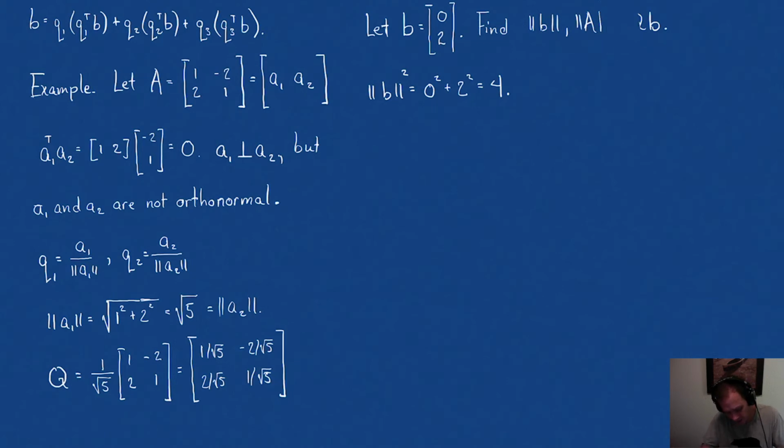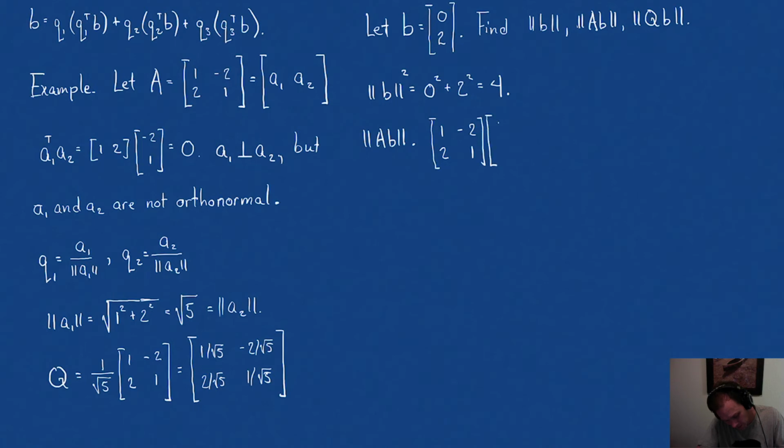Okay, now let's write it this way. Not just b, that's not interesting. How about the length of A times b? And then we're going to find the length of Q times b. Okay, there's a lot to do in this problem. So let's try this. The length of A times b. Well, first, we have to find what A times b is. So let's do that. (1, 2) minus (2, 1) times (0, 2).